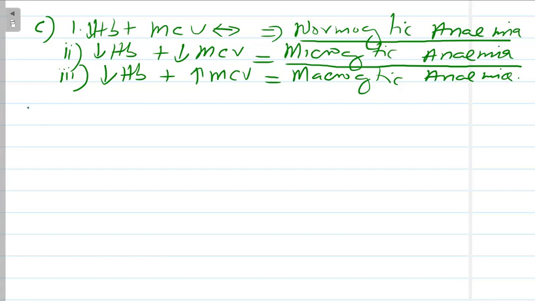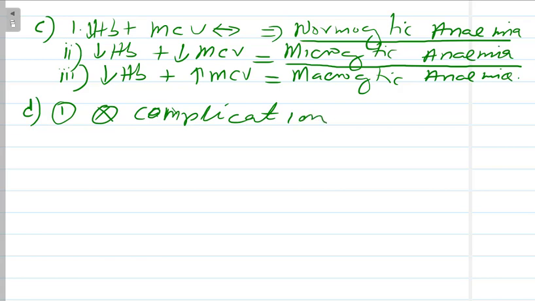Then we come to D. D is saying write two cardiac and two neurological complications in the diagnosis above. So number one, we'll start with cardiac complications. What are these cardiac complications that we should remember?